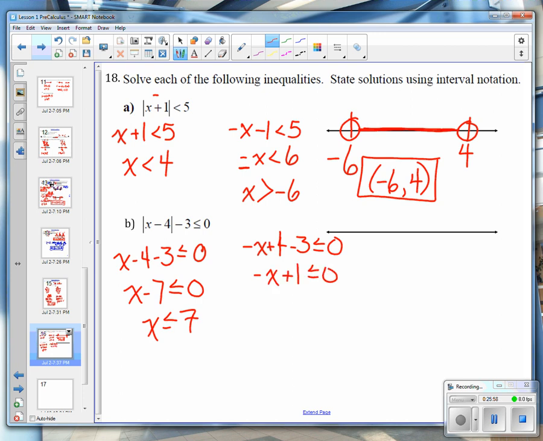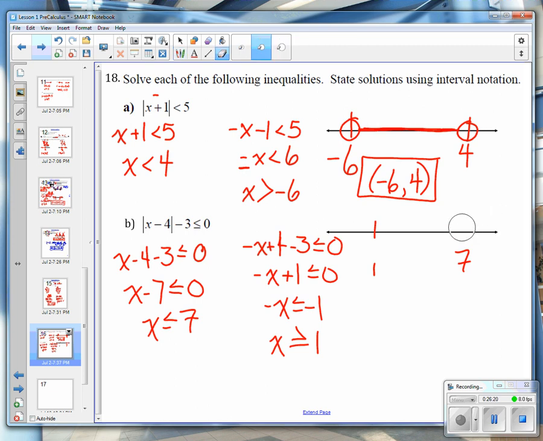Now minus 1, and then divide by negative 1. Flip that sign, so x is greater than or equal to positive 1. So on my number line, I've got a 1 and I've got a 7. That means that x is bigger than 7 or equal to 7. Oh, I lie.